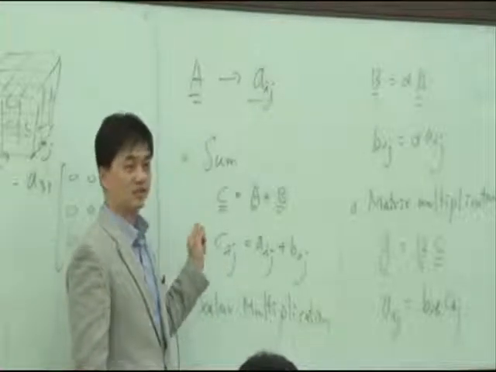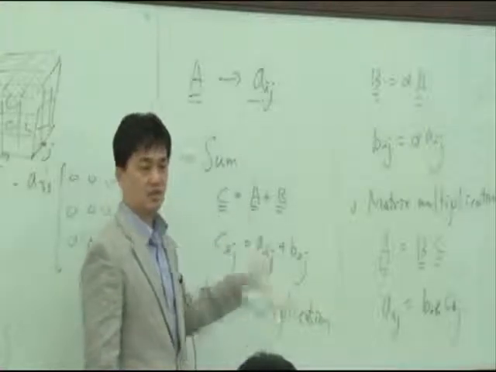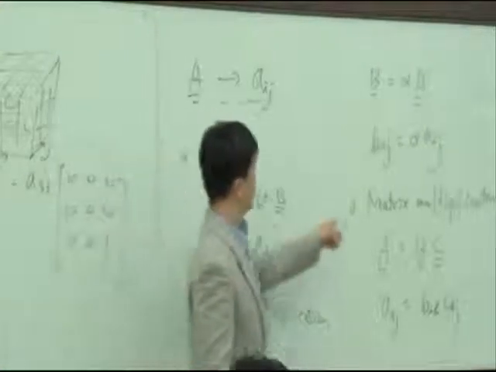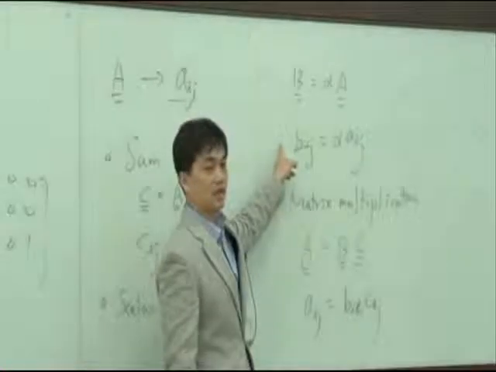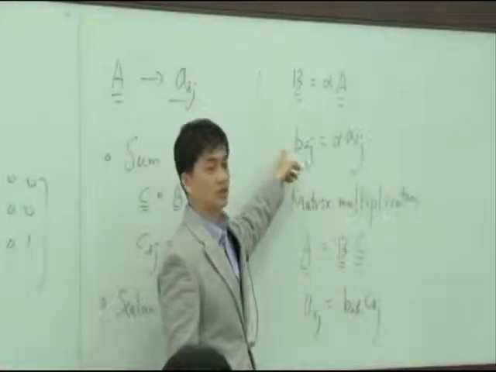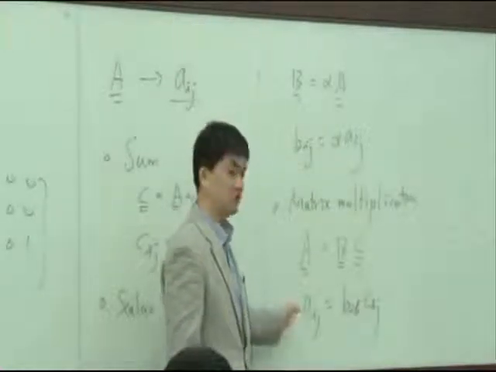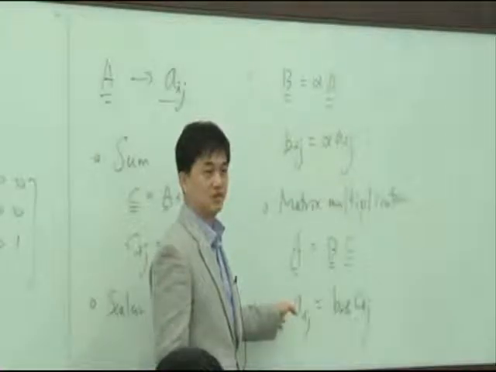Because I and J is changing on the left-hand side and right-hand side, both. Then how about this? A and B are the order 3 by 3. How many equations here? 9. Okay, so how about this? How many equations?